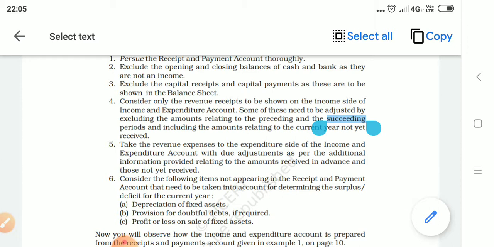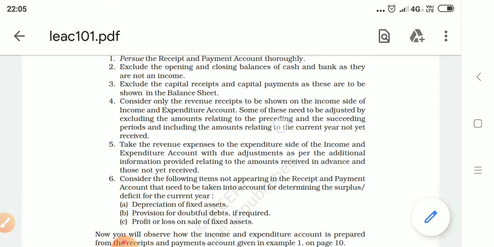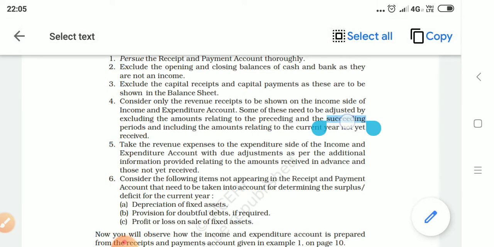Similarly, any expense which belongs to the previous year or next year, previous year outstanding or current year's prepaid, that is, next year's expense paid during the current year, even though it is paid during the current year, it belongs to the previous year or next year. So this also has to be excluded, minus.